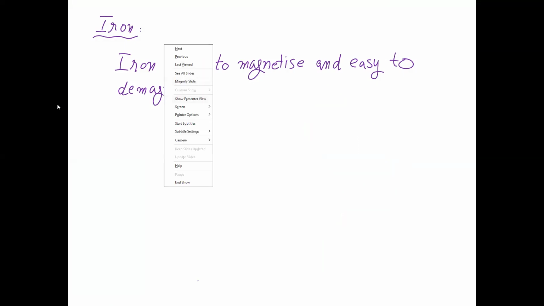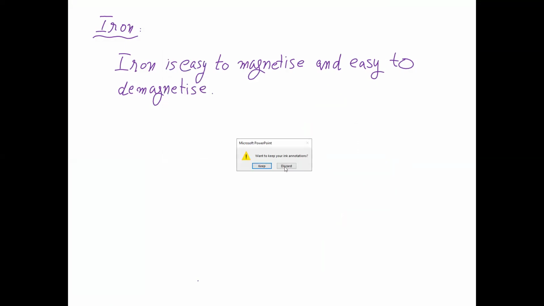Now you have to give the heading iron and steel, and write under it that iron is easy to magnetize and easy to demagnetize.